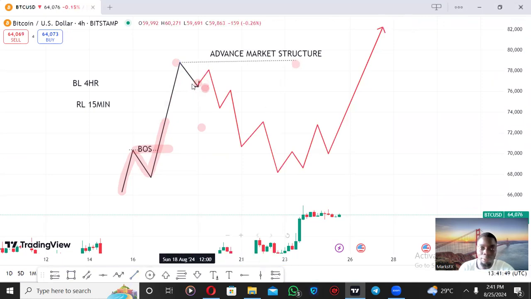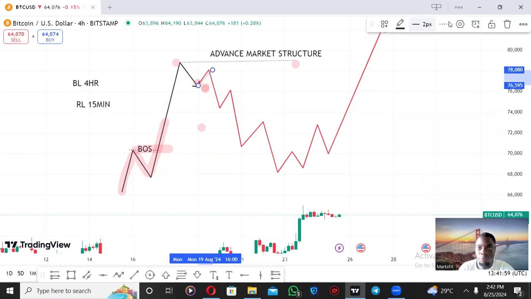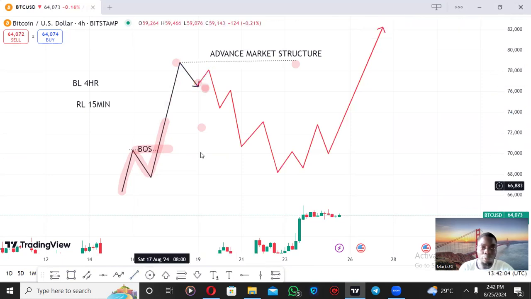And then price pushed all the way from here. Price pushed here, okay? And then what? Dropped. So this point here, this is your recent higher low and then a lower high.